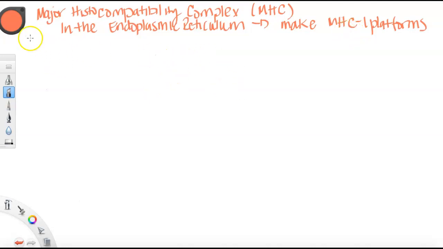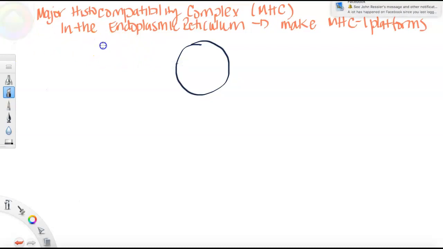Basically, let's go ahead and just do a little picture of it. Okay, so let's say you have your cell. Here's my cell. Let's say I get something from the outside, some pathogen or something like that comes over.